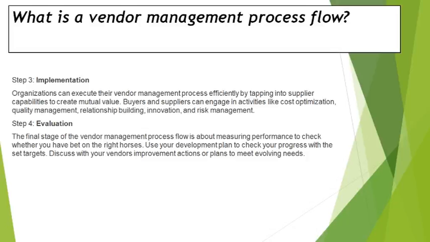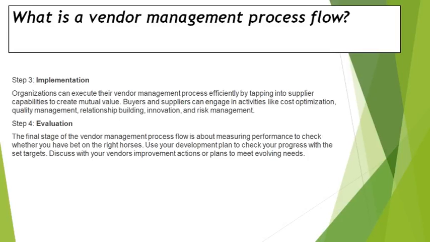Number 3 is implementation. Organizations can execute their vendor management process efficiently by tapping into supplier capabilities to create mutual value. Buyers and suppliers can engage in activities like cost optimization, quality management, relationship building, innovation, and risk management.